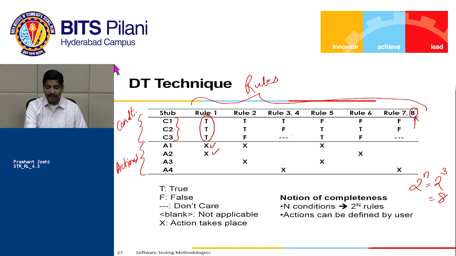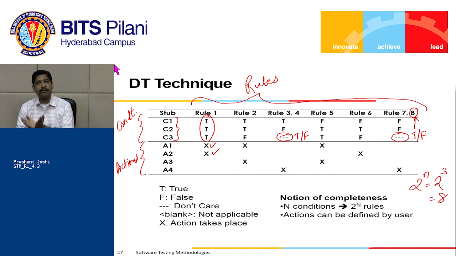And the moment we have a don't care, you collapse that many rules. This rule would mean that C3 exists, C3 has to be there, but we do not care about it. It could be either true or false. Same is the case over here, true or false, which helps us collapse the number of rules, because rule 3, 4 becomes the same, and rule 7, 8 becomes the same.